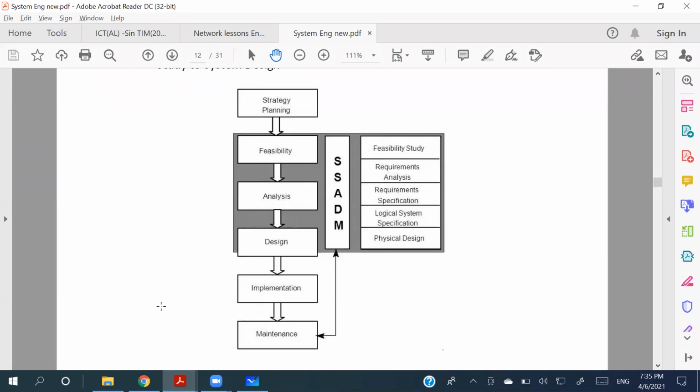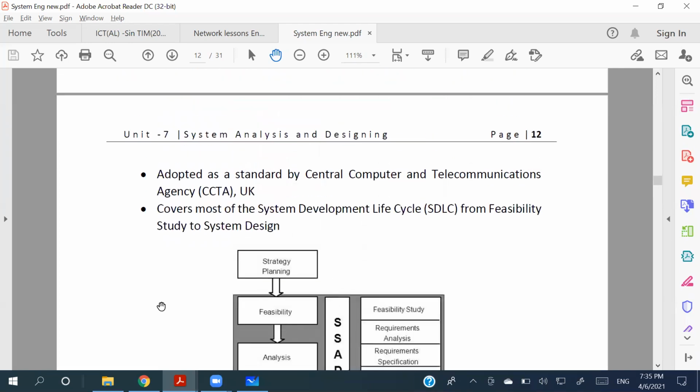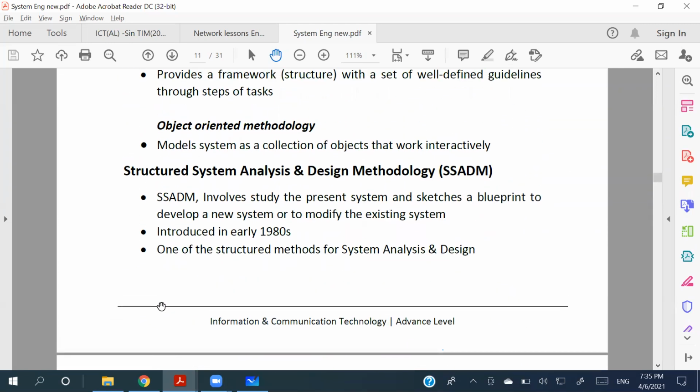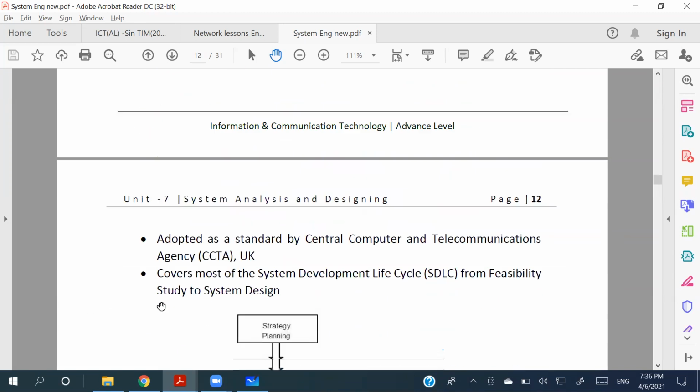And some of the steps are further divided into parts, which we call SSADM, Structured System Analysis and Design Methodology, right?